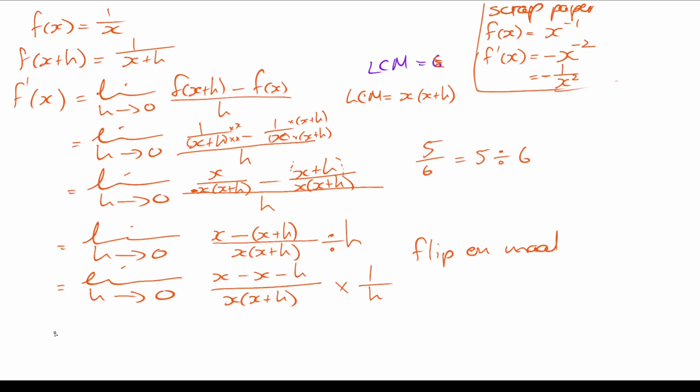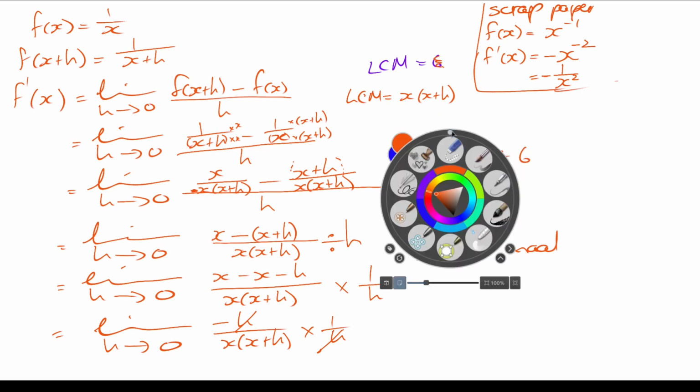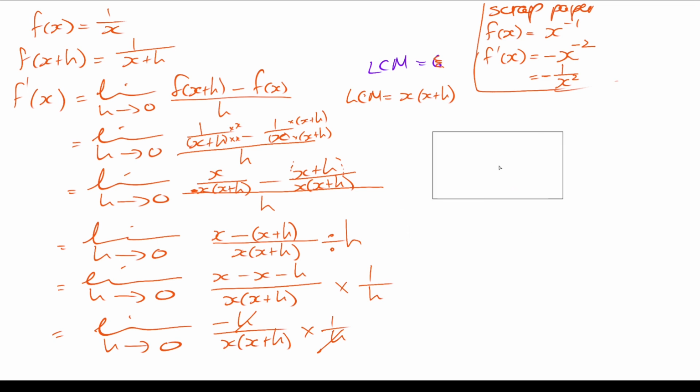Flippin' mal, bro. Limit as h tends to 0, I end up with negative h over x times x plus h times 1 over h, and so. And we end up with, oh, I ran out of space. I'm going to have to erase a little bit over here. So let's go.